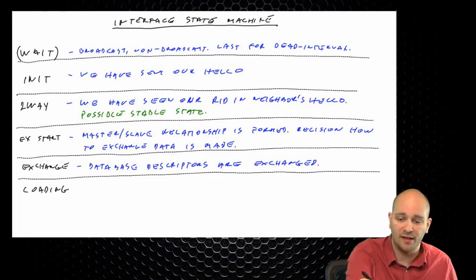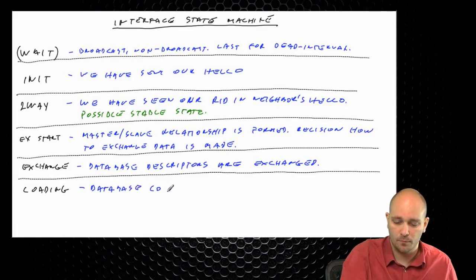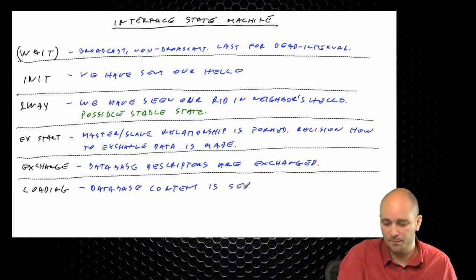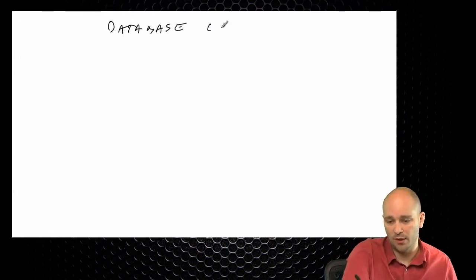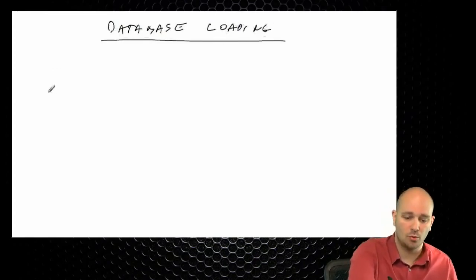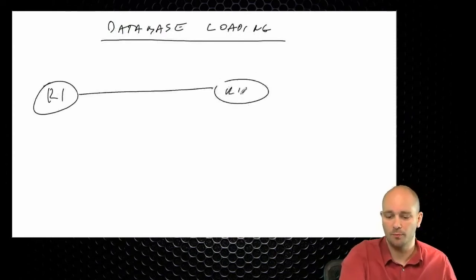Now, in the loading phase, the actual database content is sent. The database content is sent using 3 types of packets. So database loading. So let's say that we have R1 and we have R2.